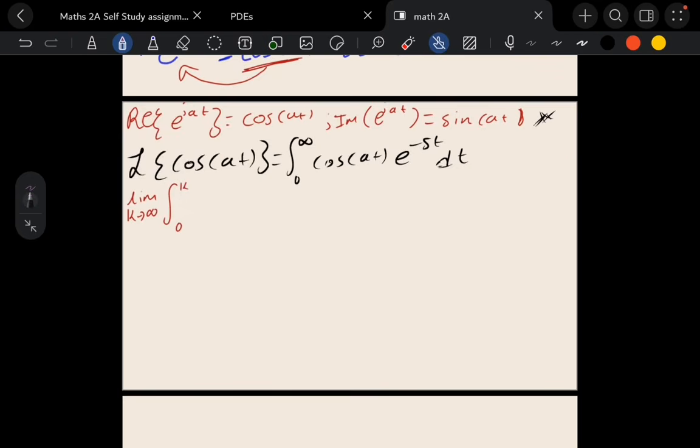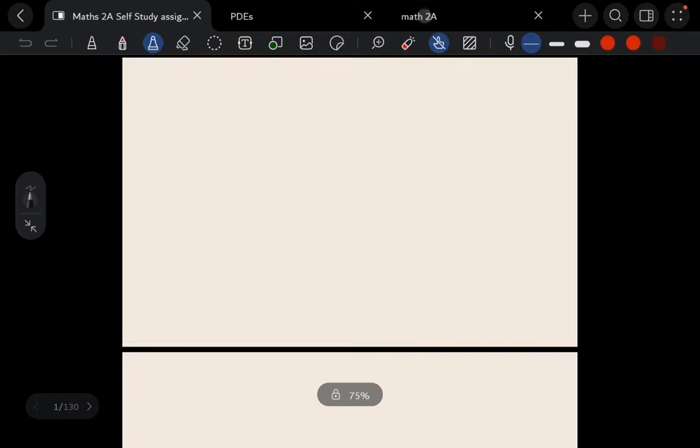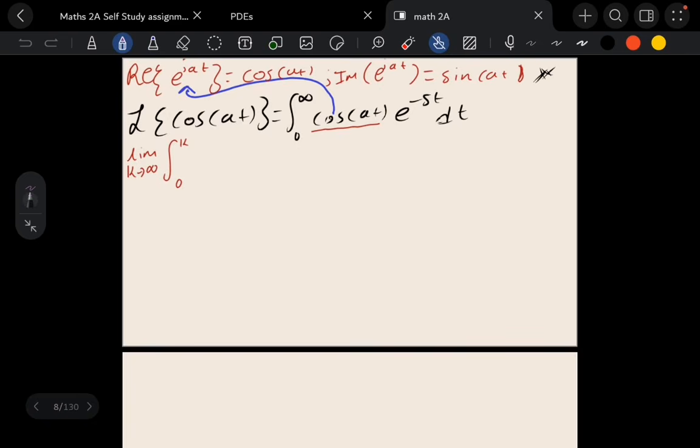And I am going to write cos in terms of e. I'm going to use this analogy that cos is the real part of e^(jat). So I'm going to say the real part of e^(jat) times e^(-st) dt, like that.